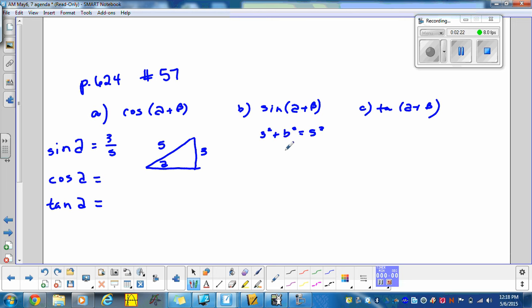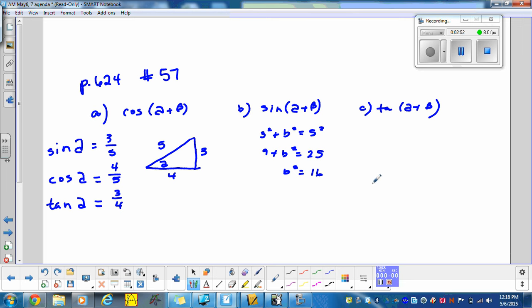And so, of course, we get that 9 plus b squared equals 25, and b squared equals 16. So this is 4. So what we've determined here is that cosine of alpha is 4/5 because it's adjacent over hypotenuse. And tangent is 3/4 because it's opposite over adjacent.